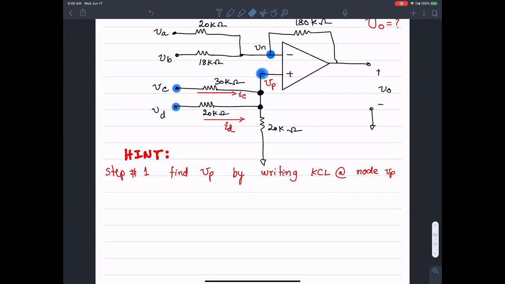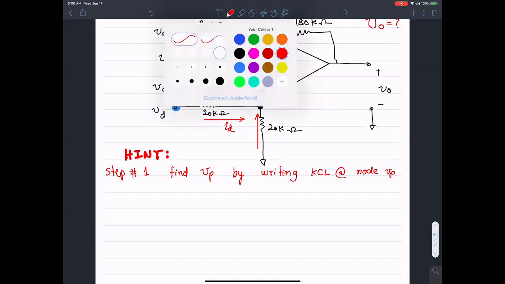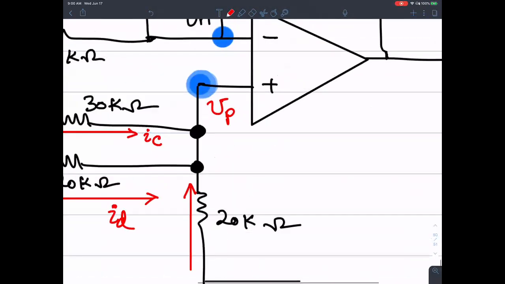I suppose for the sake of having everything go in the same direction, let's just have it go towards VP as well. Yeah, sure. Okay, so let's not forget this current over here. What's that guy? That should be 0.